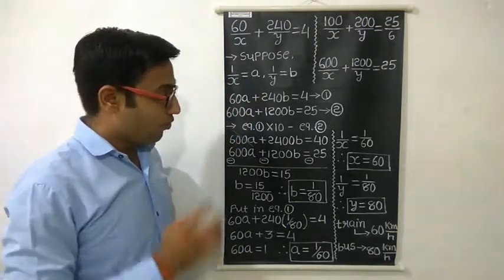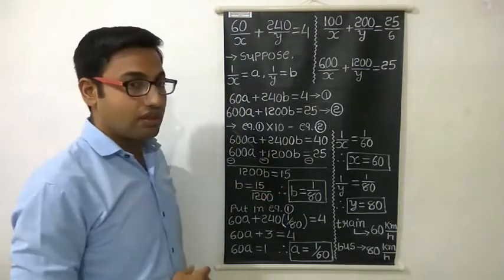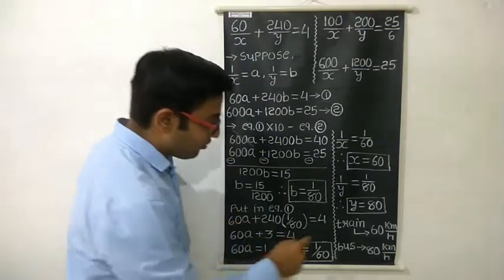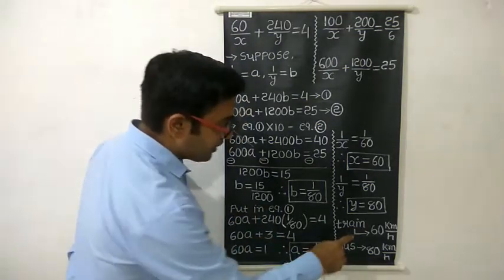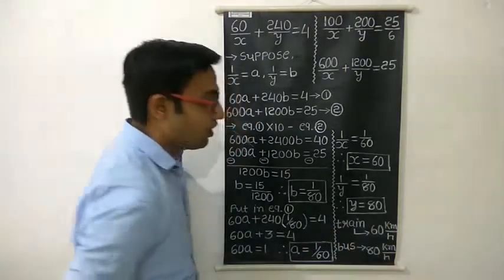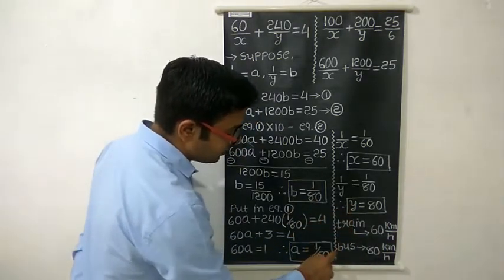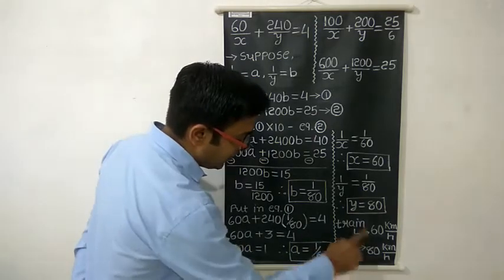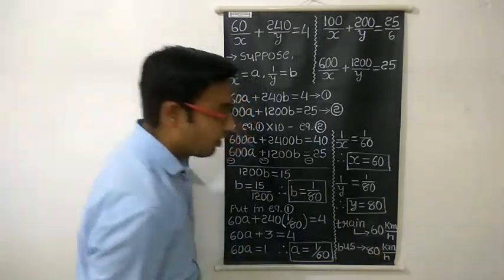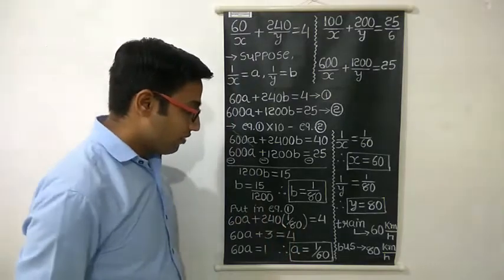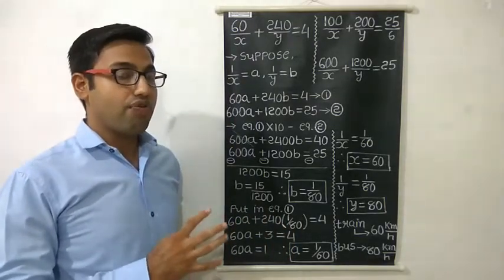Now remember what we have supposed x and y. We supposed that the speed of the train is x and it is 60 km per hour, and what is y? y is the speed of the bus and that is 80 km per hour. So in this way we can solve this type of questions.